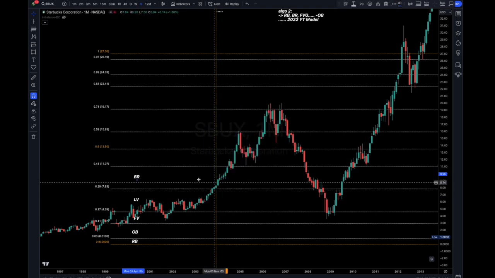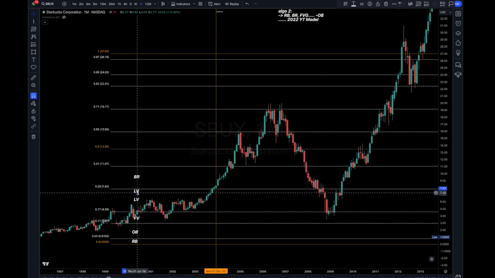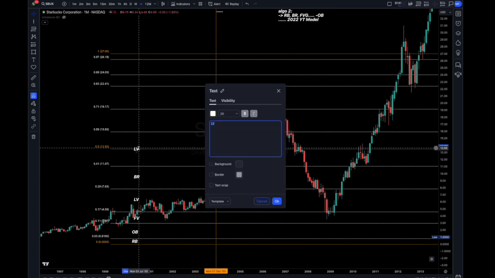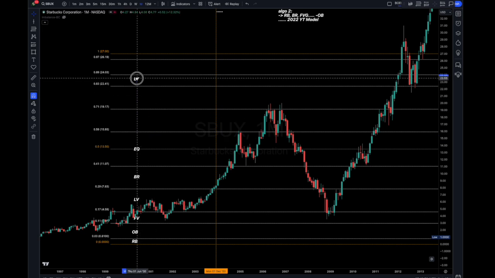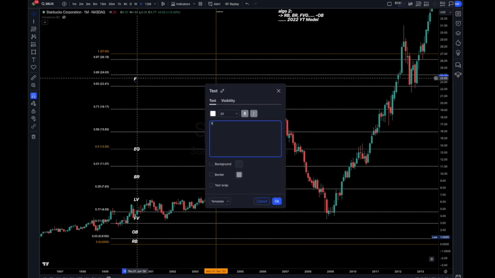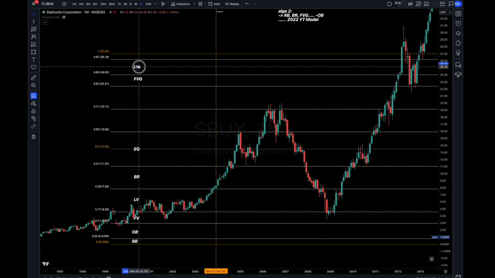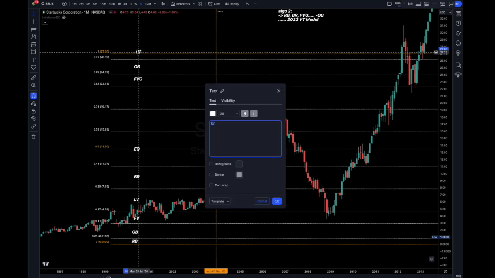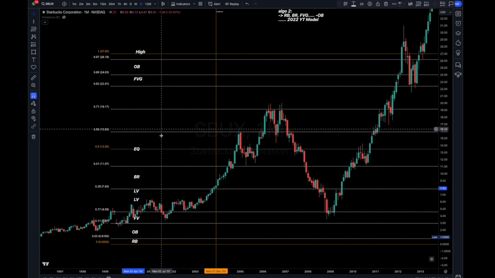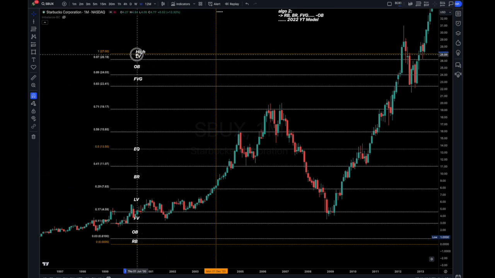Okay, and I won't do every single one, just to save time. Equilibrium. Then up here you would have the bearish fair value gap, the bearish order block, and then the high, the dealing range. And for the sake of good order, this is the rejection block.